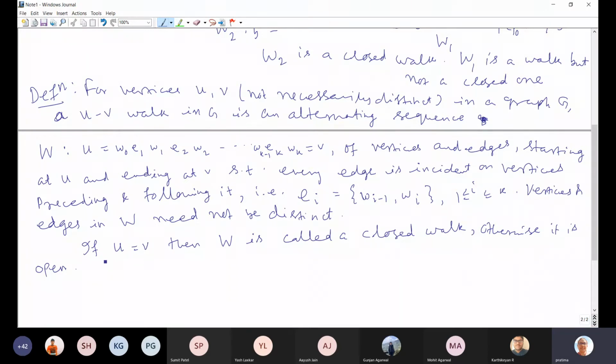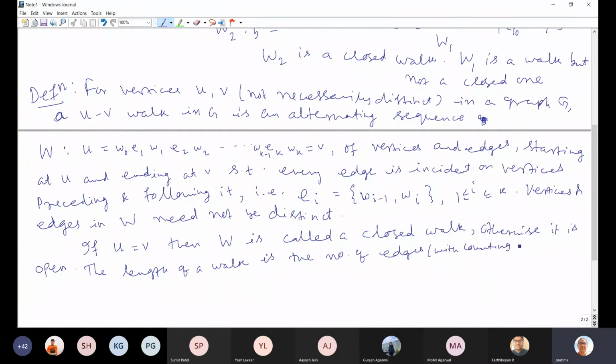So the length of a walk is the number of edges, counting multiplicity, that is, how many times they are appearing.